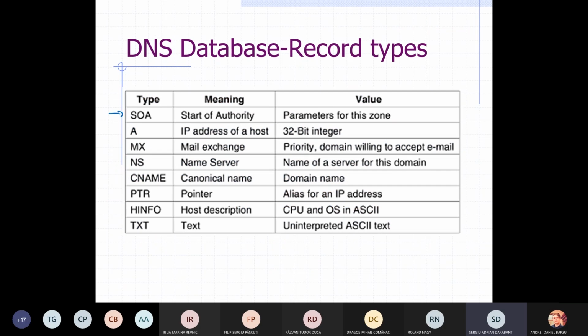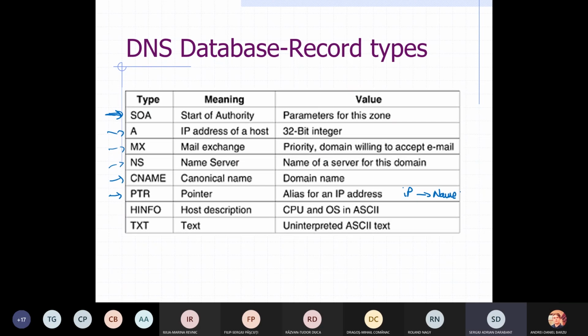And the various types of records that are possible, you have them here. Start of authority. This one is a header like in a database, and it describes the DNS file: for which domain it is, who administers it, and so on. You have type A records, as we discussed, MX, NS, CNAME, and then you have some which are not as used. You have PTR, that's the inverse, that's IP to name.